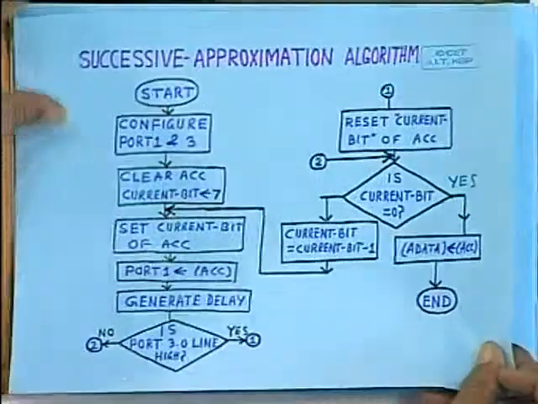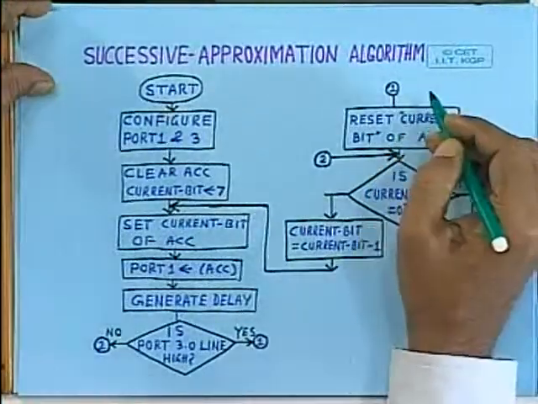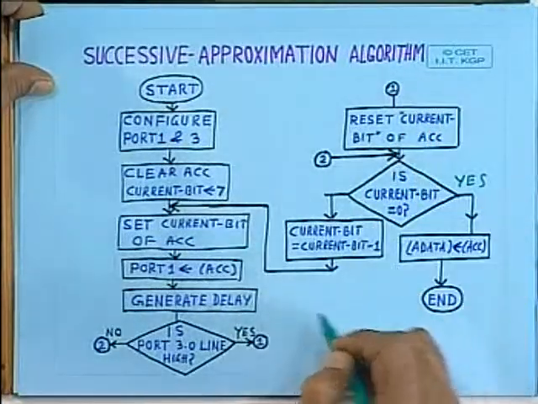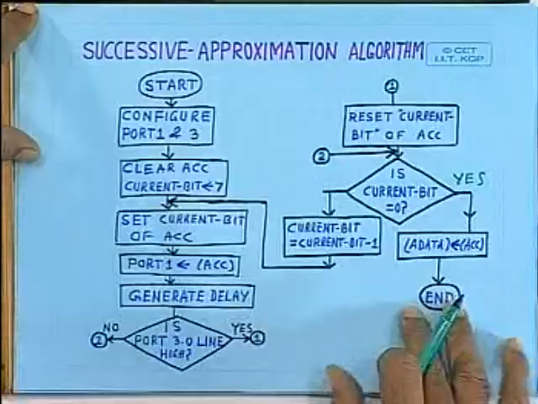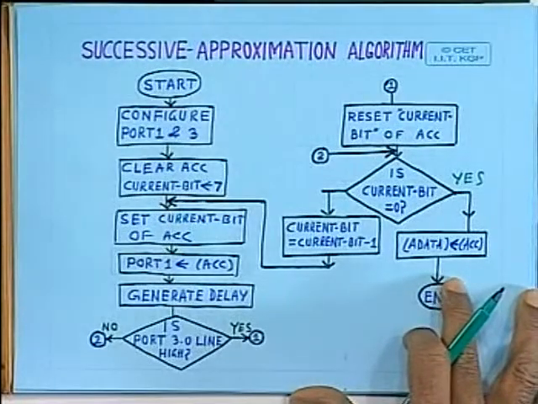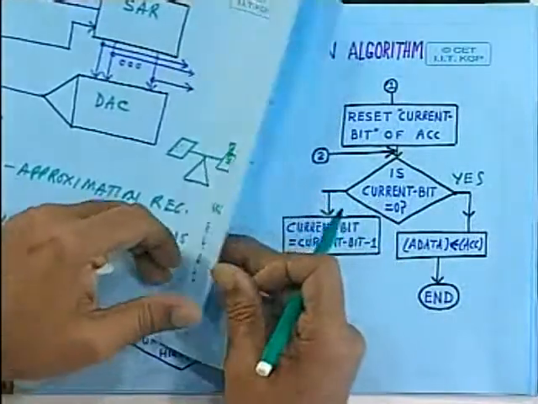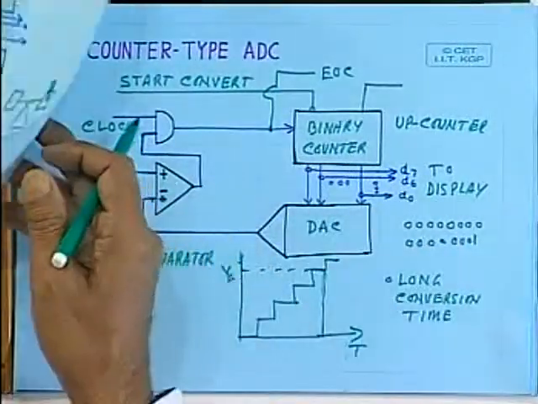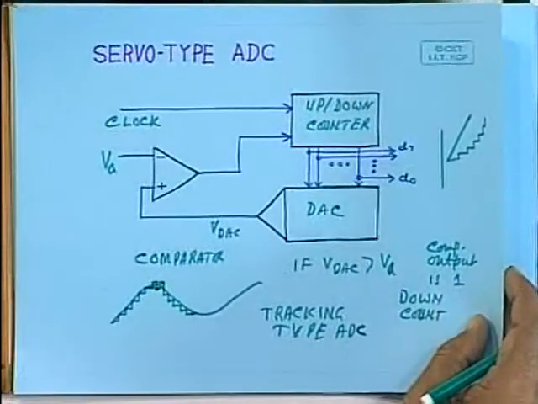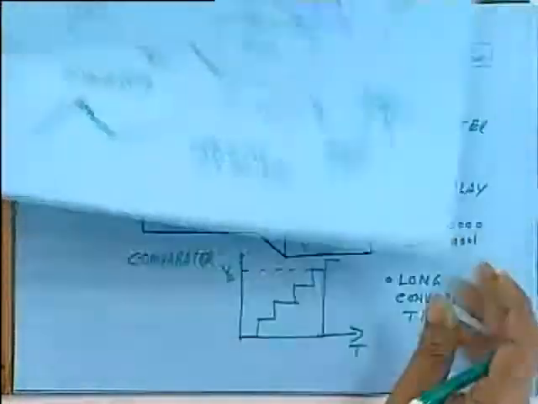So in this way, the successive approximation algorithm is performed, and this is the flowchart of the algorithm. You can write a very simple program to implement this. In fact, writing a program for this counter type ADC, or say servo type ADC, is simpler than the successive approximation.